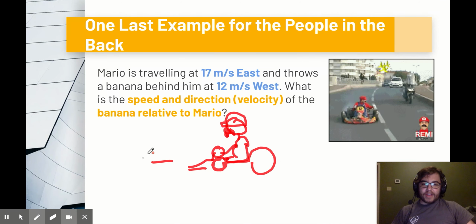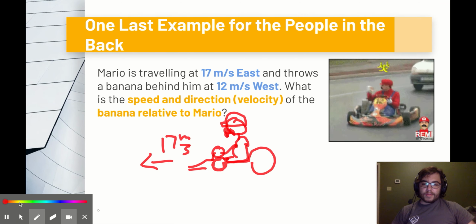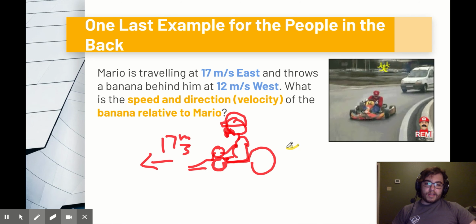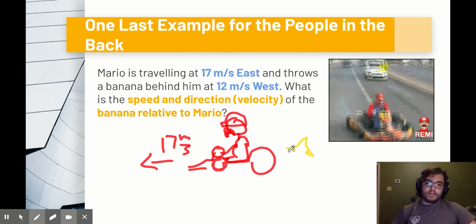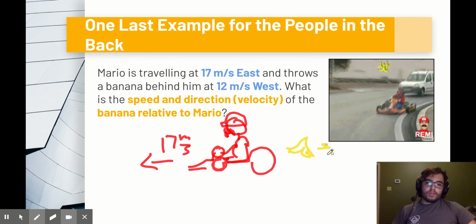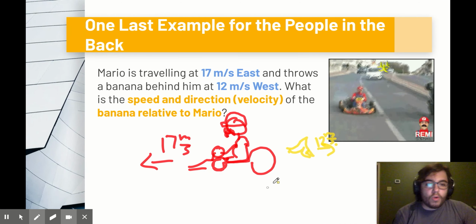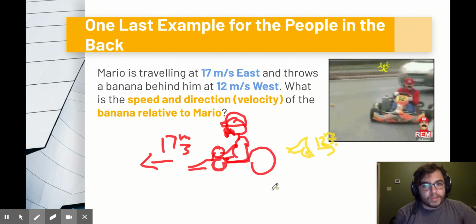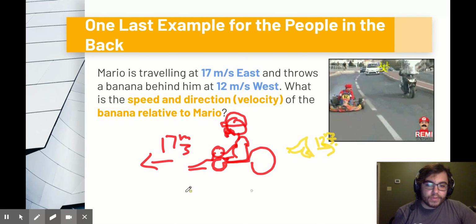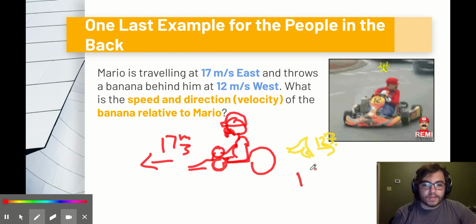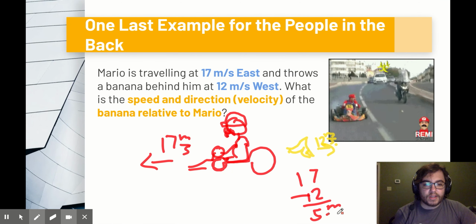All right. He's traveling 17 meters per second east. He throws a banana. The banana is going this way at 12 meters per second. So this scenario can be looked at one of two ways. It will be the number right here where it is 17 minus 12, and we get 5 meters per second.